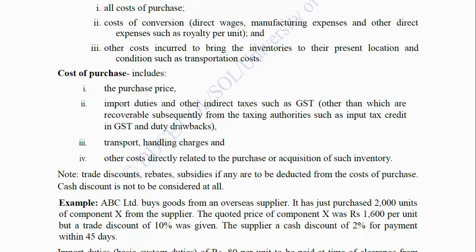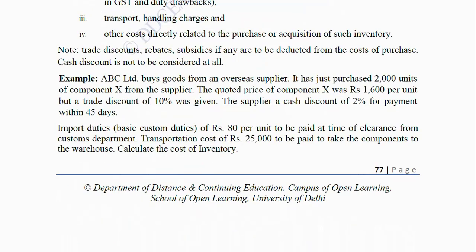The supplier gives a cash discount of 2% for payment within 45 days. Import duties or basic customs duties of rupees 80 per unit are to be paid at the time of clearance from the customs department. Transportation cost of rupees 25,000 is to be paid to take the components to the warehouse. Calculate the cost of inventory.